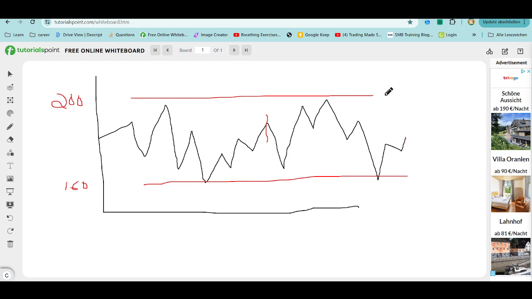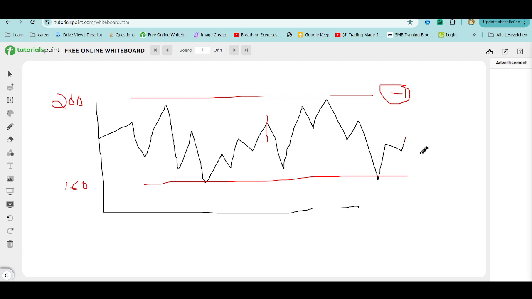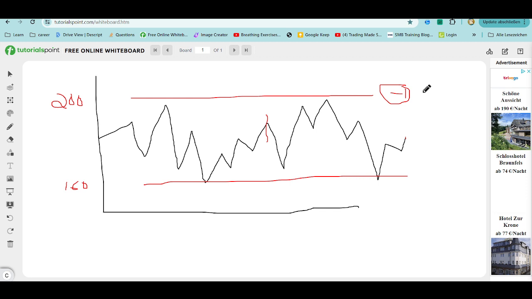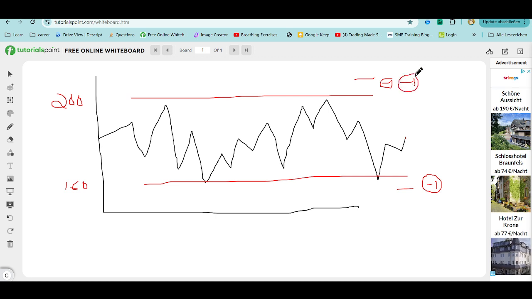This means that you will sell. When you sell an option, you mark it as -1. So you sell an option at this level, and it's always better to do this a little away from this border. You sell an option at this level, somewhere here, and you sell an option at this level, here also -1.